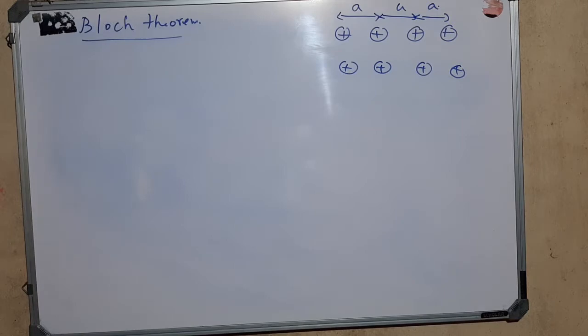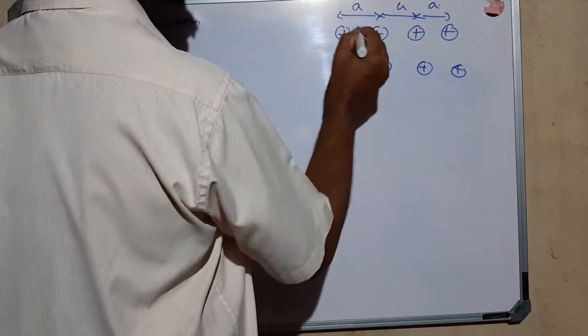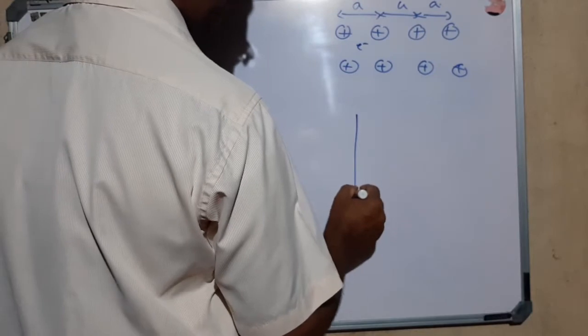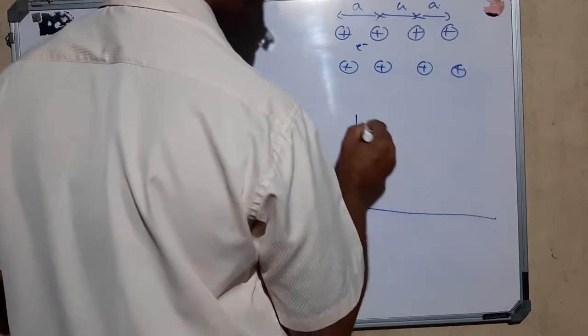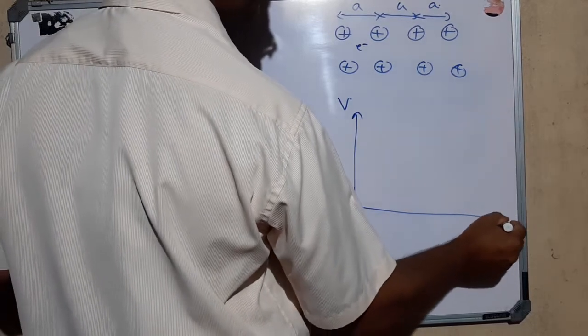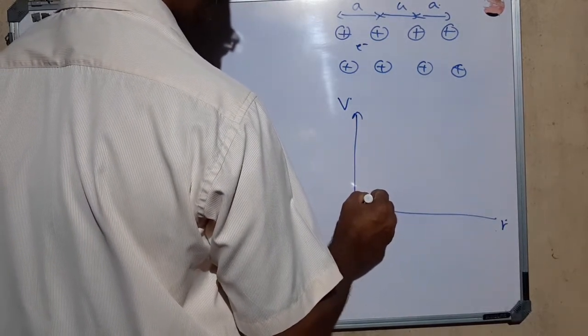See, when the electron is moving through the gap between the positive ions, the potential versus distance, we can write the diagram or the graph.